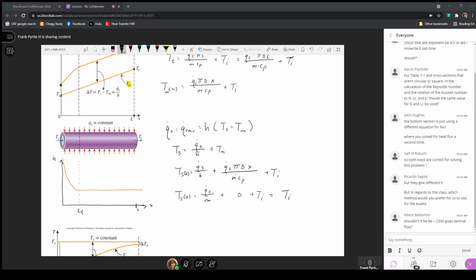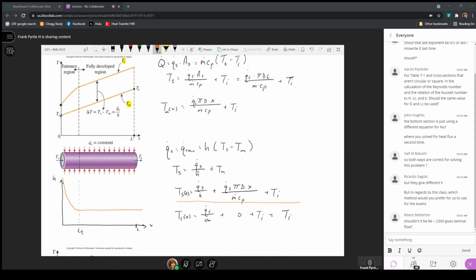As H becomes lower, it's not an infinite value, so I get a non-zero positive value for this first term that is added to the expression of Tm, which is a function of x. The second and third terms here that define Tm give us the equation for this lower orange line, and this expression for the upper orange line, Ts, is calculated based on how this value changes.